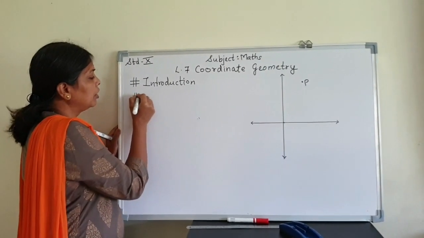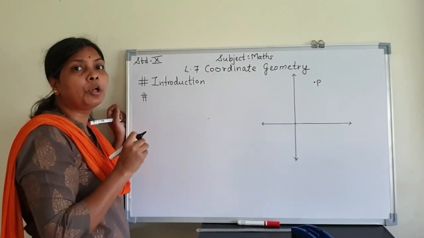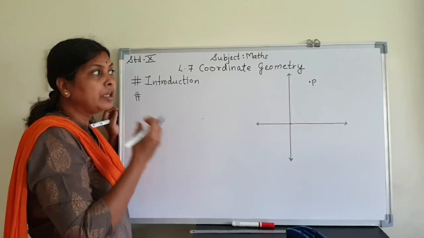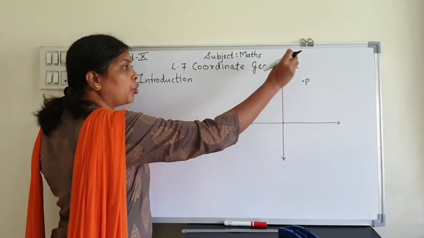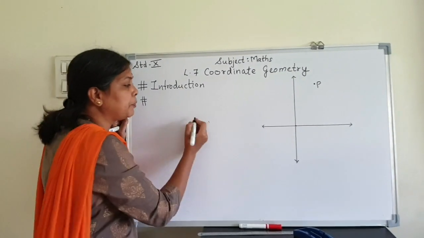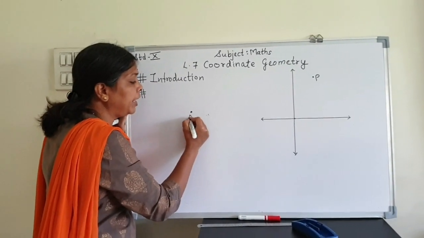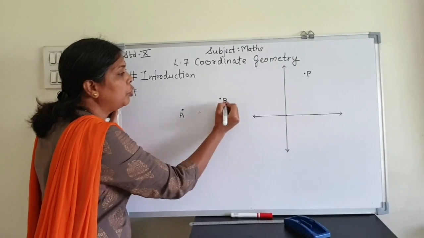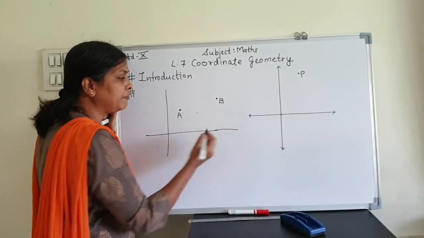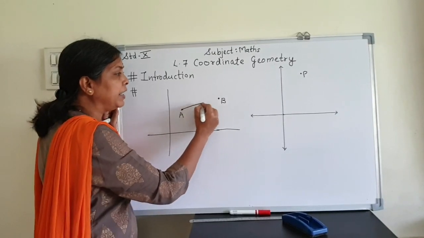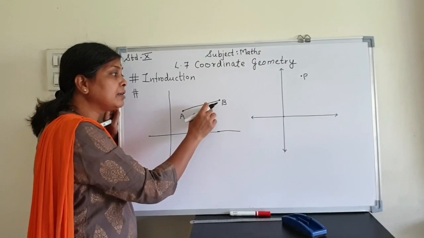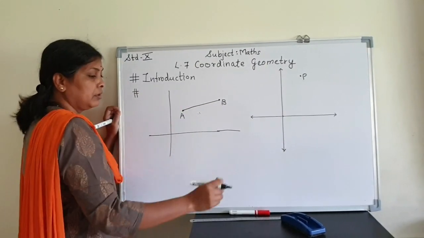Next, the new thing you are going to learn in this lesson is the formulae. Here you are not going to locate only the position of one point with given coordinates, but suppose I have given point A and point B. You are going to draw a coordinate plane for it, and then you find the distance between A and B, and that is called your distance.